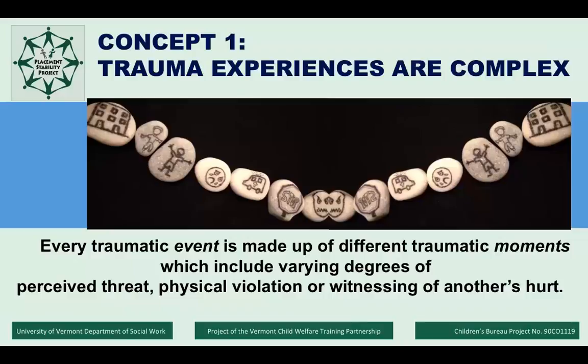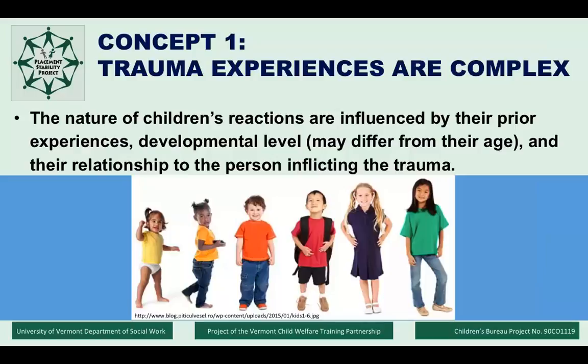These traumatic moments, which are part of the event, will affect each child differently. The nature of a child's reactions are influenced by their prior experiences, including past trauma, developmental level, which may differ from their age, and their relationship to the person inflicting the trauma. The complexity of a child's reaction increases with multiple or recurring traumas.